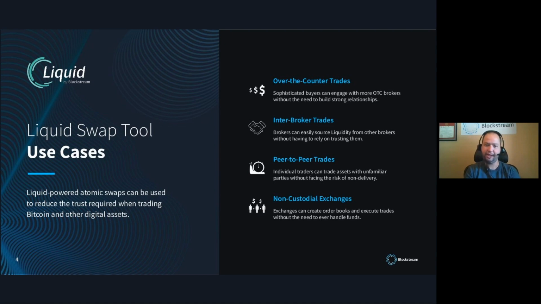So you don't have to take any risk of the party not delivering their end of the bargain, or even necessarily knowing who it is. And then the last use case, which is a more advanced use case, is the idea that you could have a non-custodial exchange. So exchanges today have to hold funds in order to let you make orders on the order books.